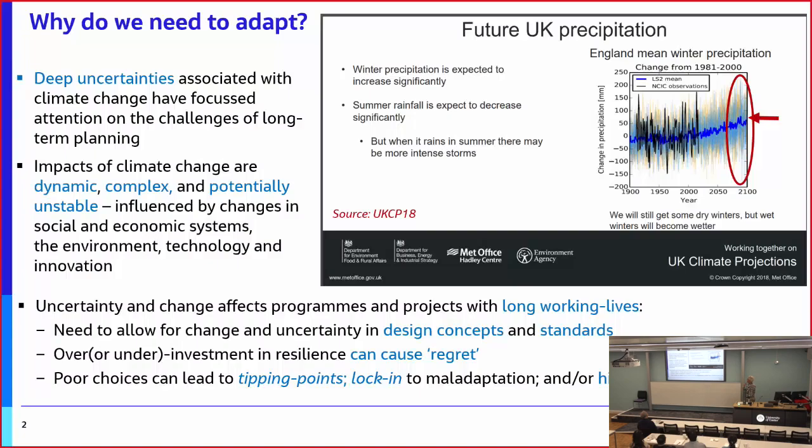The importance is not only the degree of change, but also the variability of the extreme events that are associated with the change. And the potential impacts of climate change are therefore not only dynamic, they're potentially very complex because they will affect different interdependent systems, and they're also potentially unstable. They can have potentially unstable consequences.